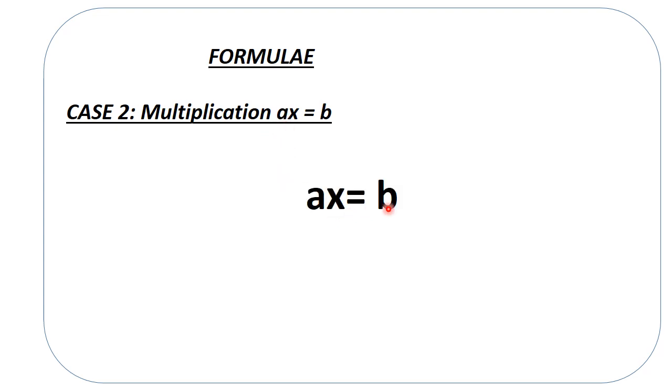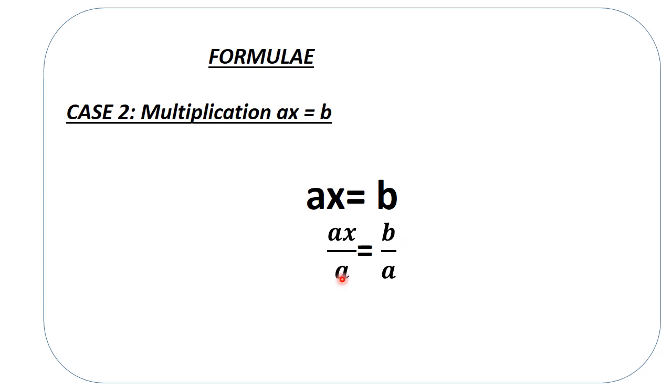So ax equals b. To remove this, what you do is you divide both sides by the thing that you don't want, the variable that you want to discard, or the number, if there was a number that you want to discard. So it will become like this. So ax is equal to b. So we have divided by a. So how is dividing going to remove a? You will see.